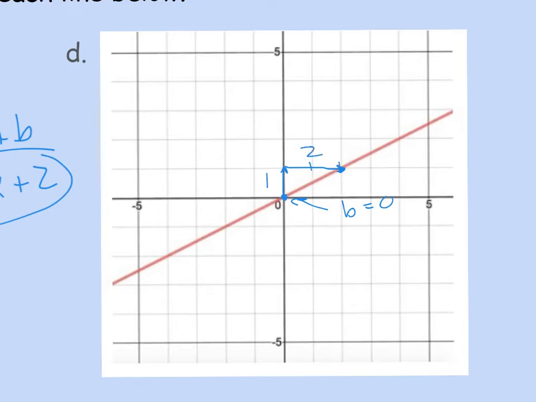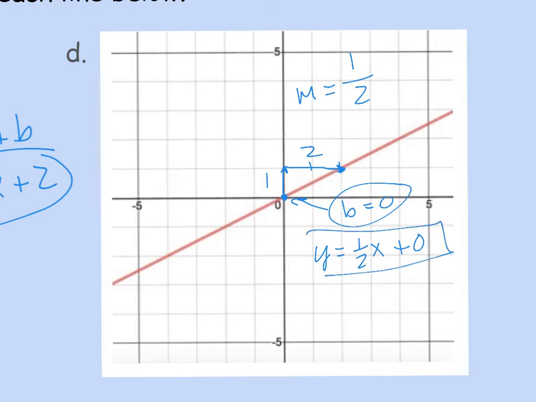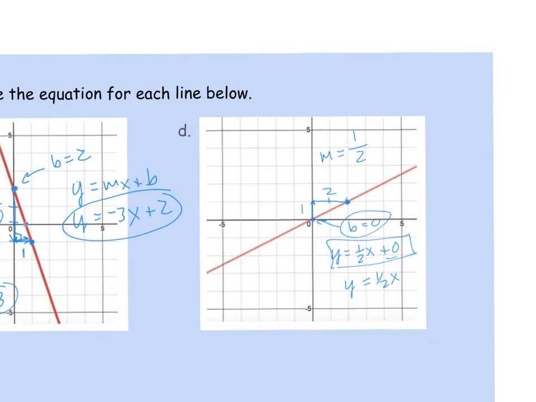So rise over run would be my y value, which is 1, rise over 2, so 1/2. And my b is 0. So if you did this, y equals mx plus b, it'd be y equals 1/2 x plus 0. And you could leave it like that, or you don't need to add the 0. You could just say y equals 1/2 x. That would also work.